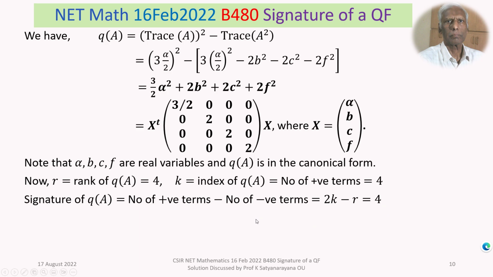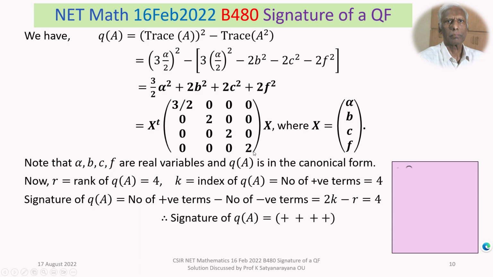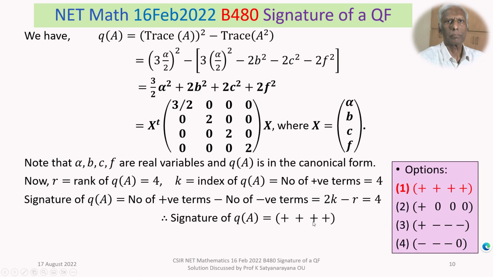The signature is 4 means they are all positive. Therefore, the signature of Q of A is plus, plus, plus, plus. So that is a positive definite quadratic form. So we have the 4 options. In that, our answer plus, plus, plus, plus appears as option 1. Therefore, our answer is option 1.